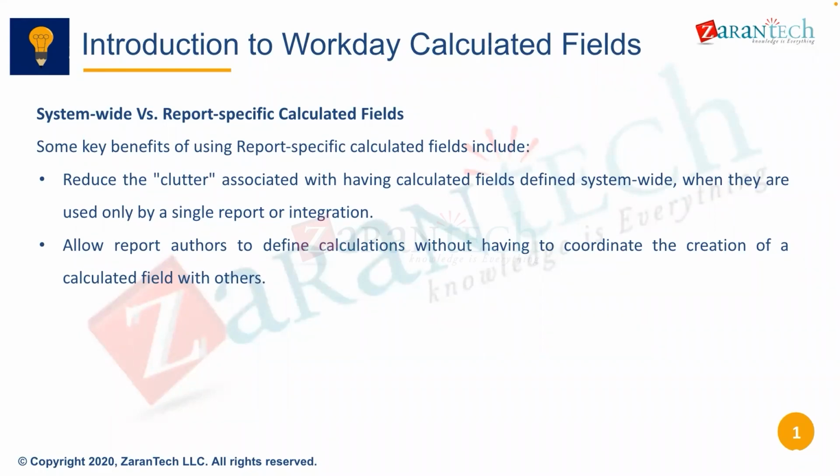I can modify a calculated field if it's global in nature, and if it's being used by, let's say, 10 other reports, the value of all 10 will change. Whereas if I'm creating a calculated field very specific to a report, I as an owner will have the right permissions to edit those fields associated with that report.